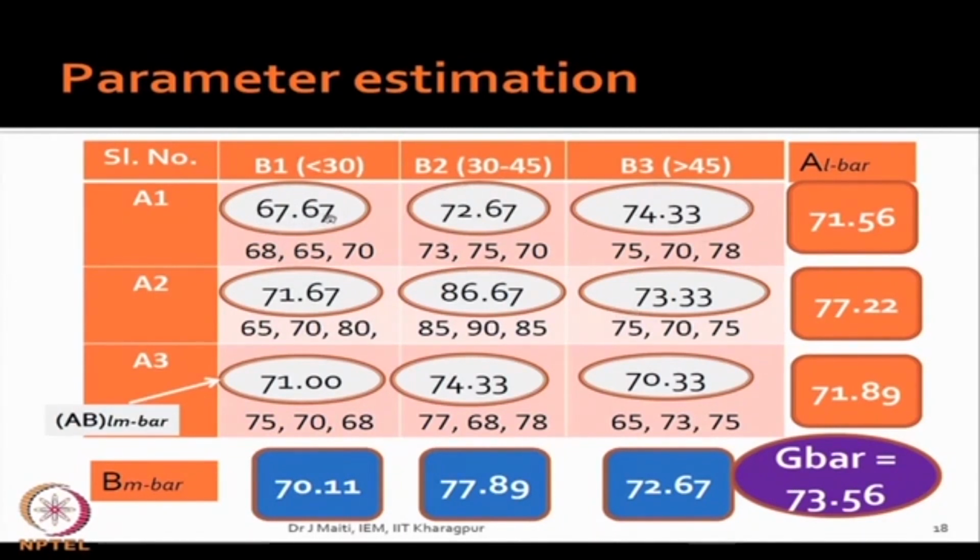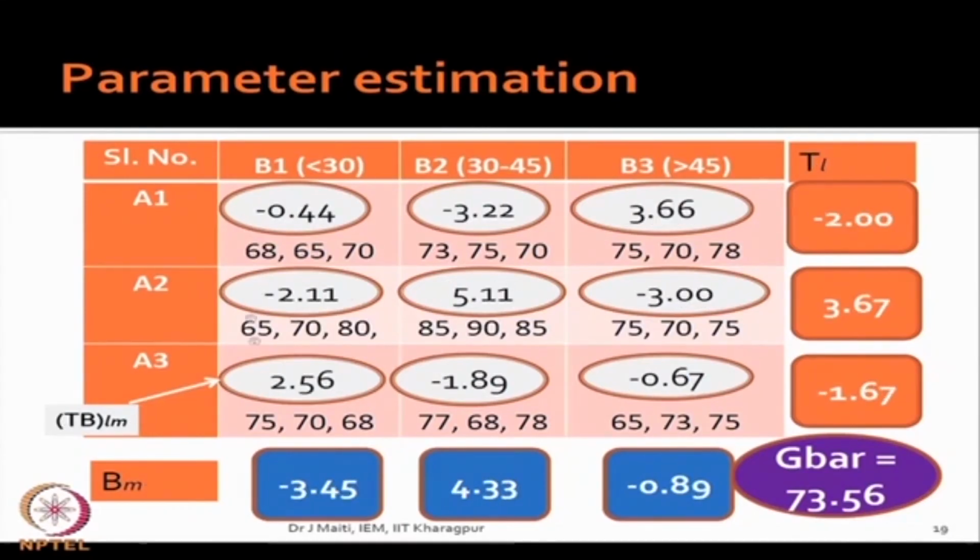That means 67.67 minus this. This way you will be able to get. Now, see what is happening. You are getting everywhere the tau_L, beta_M and tau beta_LM. These are the parameters. Apart from these, what more you want? You want to calculate the error component also. Error component is also your parameter.